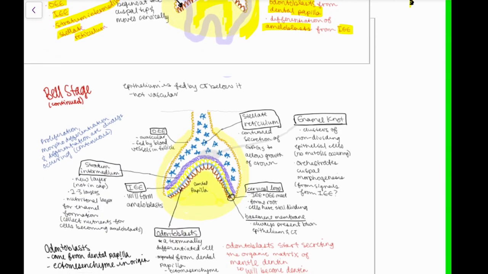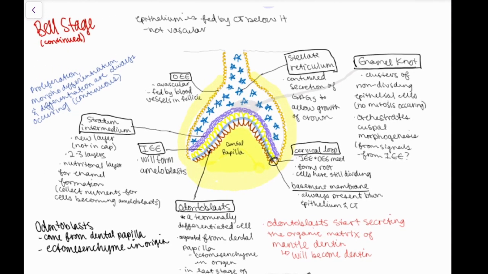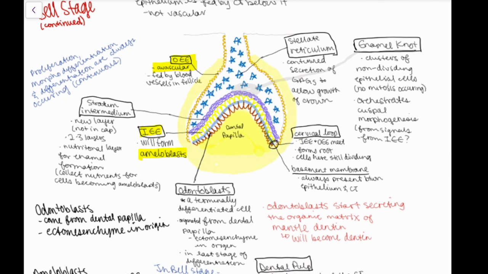The last layer is the bell stage, and in the bell stage, we have the same outer enamel, which is avascular. We have the inner enamel, which will give rise to ameloblast. We have stellate reticulum, which is basically GAG and is like a cytoplasm water fluid structure that gives it space, and stratum intermedium, which is basically the nutrition layer for enamel formation.